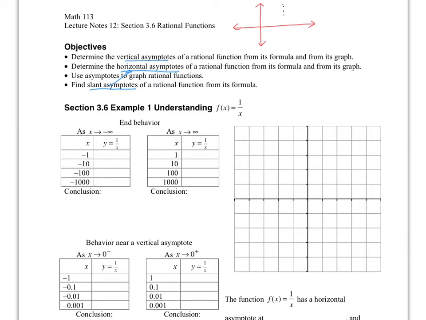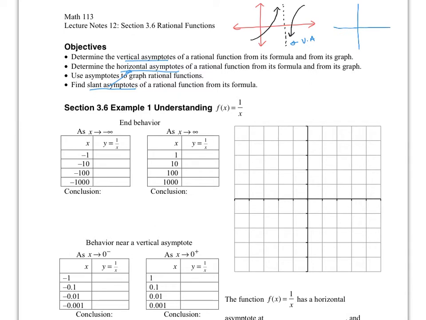If you've ever seen a graph that has a dotted line like this, and you notice that the graph could do this or this, but it doesn't cross that line, this line is not part of the domain, that's why it cannot be crossed, and this will be a vertical asymptote. So technically the vertical asymptotes depend 100% on the domain.